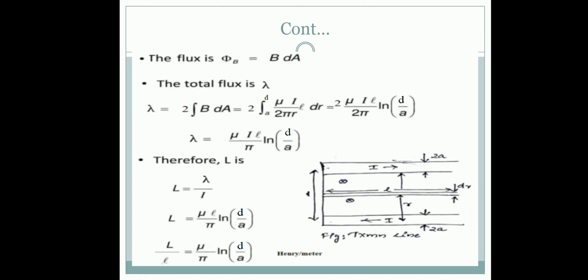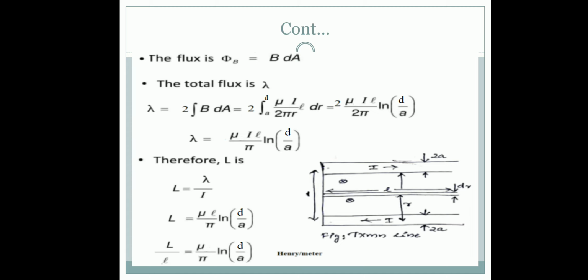So next we need to find the total flux lambda. So we need to integrate this result from a to D. So here we have two conductors. One conductor is conducting in forward direction and the other conductor is conducting in backward direction. So the total flux is 2 times the integration of B dA.